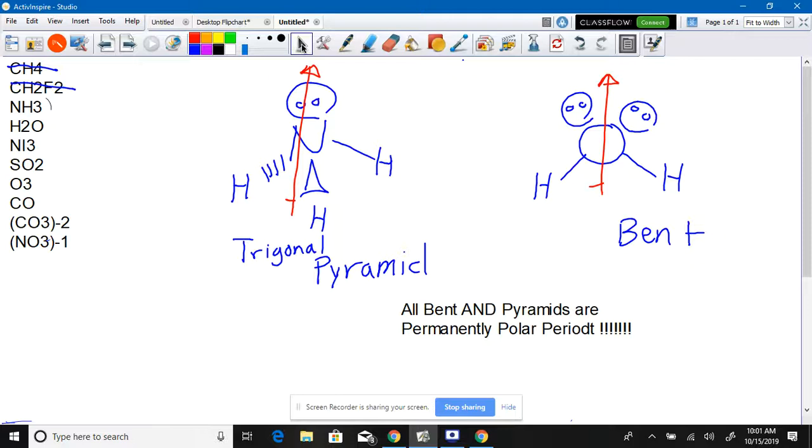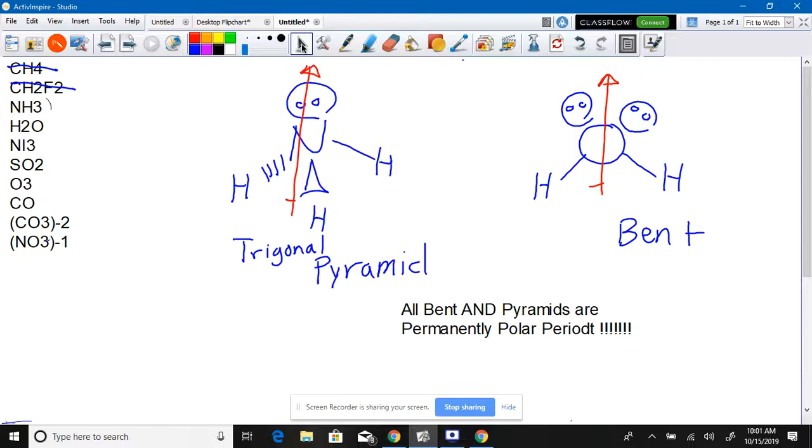All, not some, not a few, all bent and pyramids are permanently polar, period. Because that's the way they're shaped, right, Jerron? All the time, all of them, every one, everywhere, 24/7, 365.